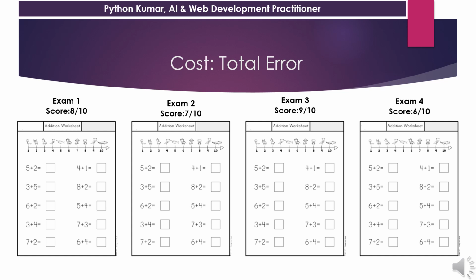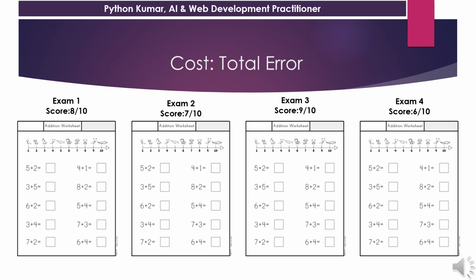In exam 2 I made 3 errors. In exam 3 I made 1 error, that is 6 errors so far. And in exam 4 I scored 6 out of 10, so 4 errors. So the total error is 10, that is the total cost is 10.